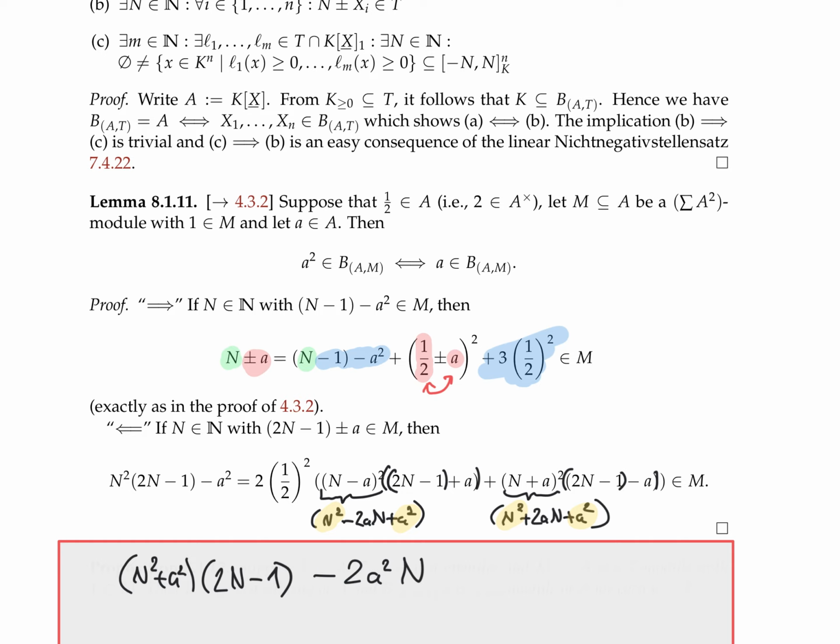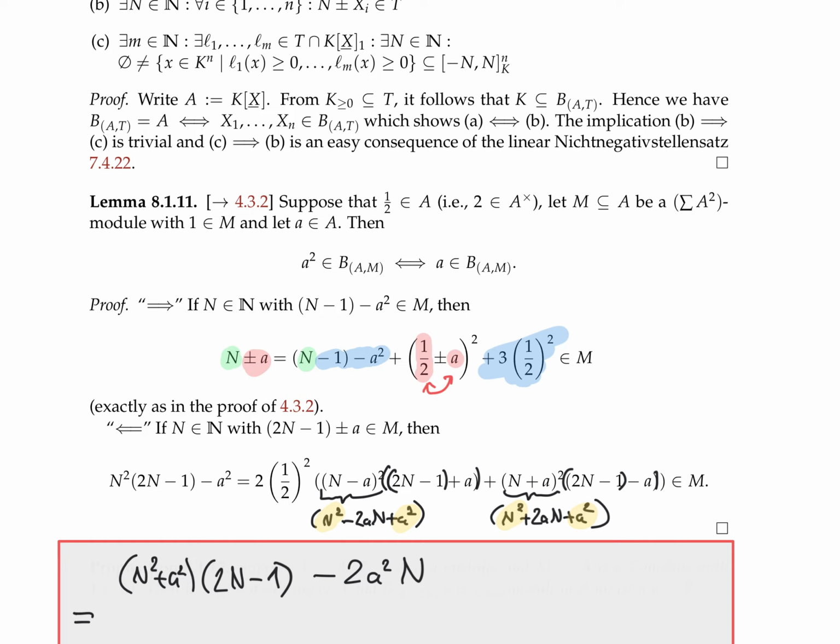So now the right hand side is actually equal to this, right? Now I can expand this, and I get a squared times 2n minus 1, minus 2a squared times n. So let's just calculate, it cannot be so hard.